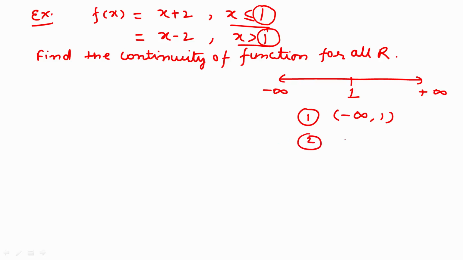The second part is x is equal to 1, and the third part is the open interval 1 to plus infinity. So we will check one by one where the function is continuous or discontinuous.